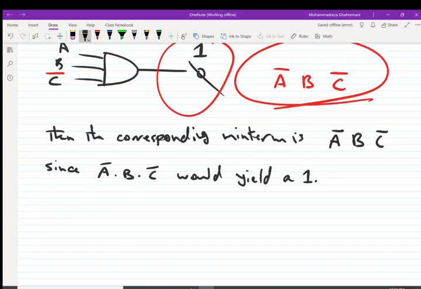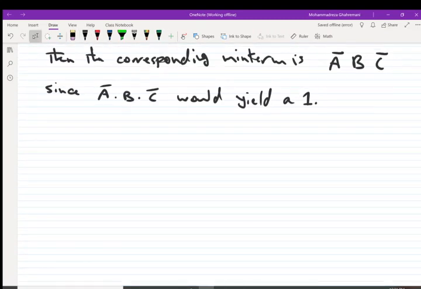What is maxterm? Maxterm, in fact, is the opposite of the minterm. It's a combination of the variables that if we apply to an OR gate gives the output 0.